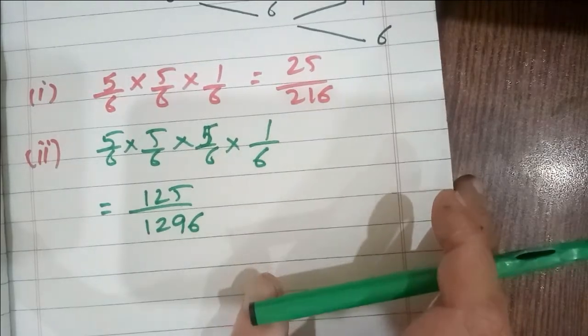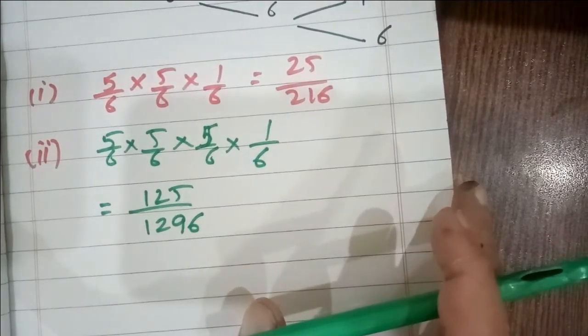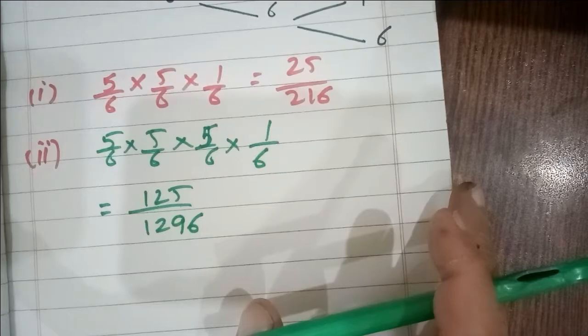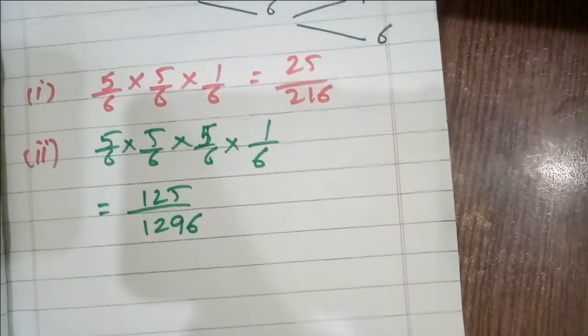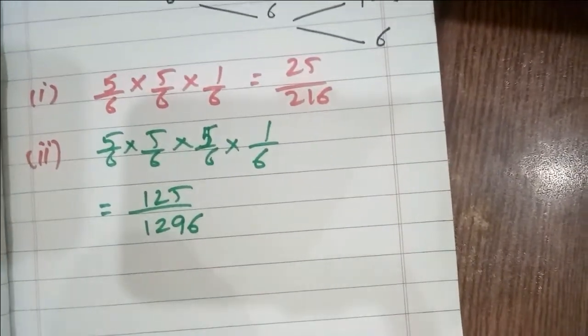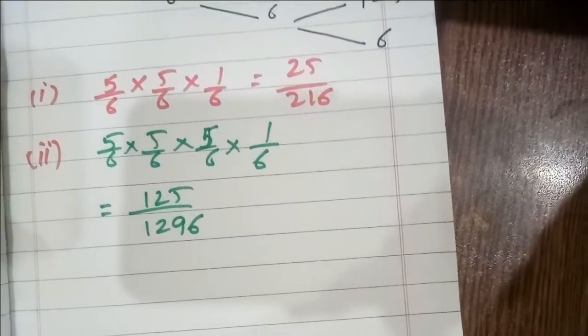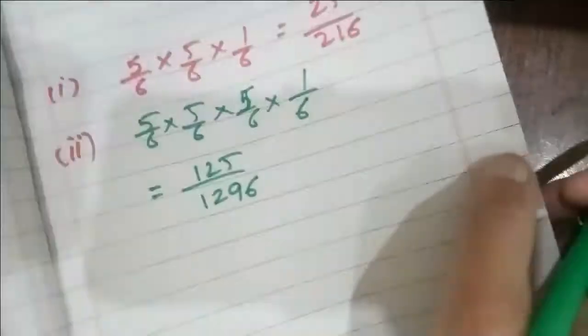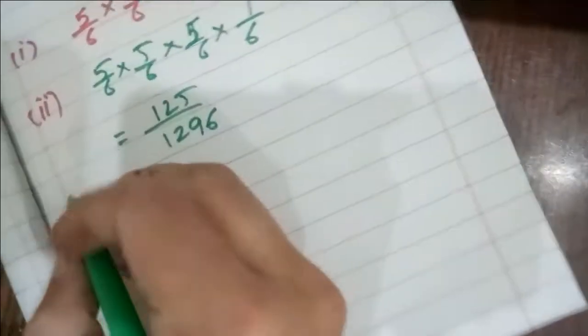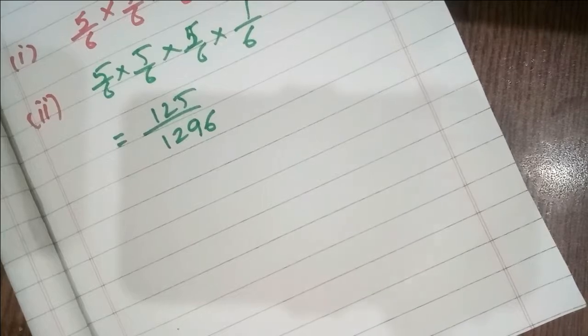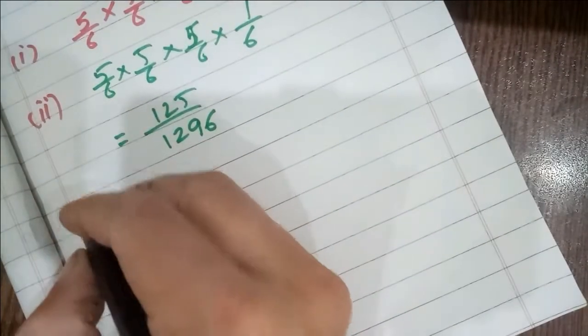Third part, the game ends by the fourth roll. It means the game can end at the first roll, second roll, third roll, or fourth roll, so we have to add their probabilities.